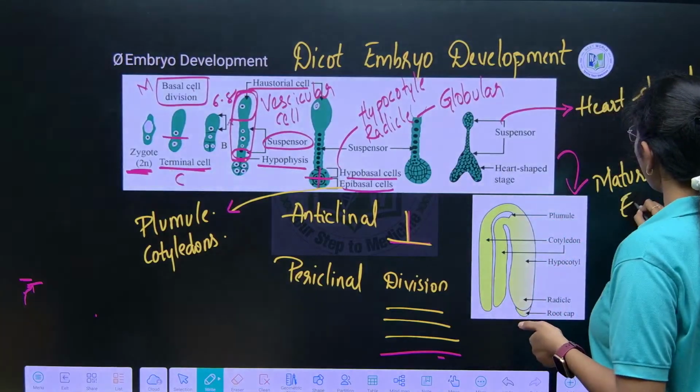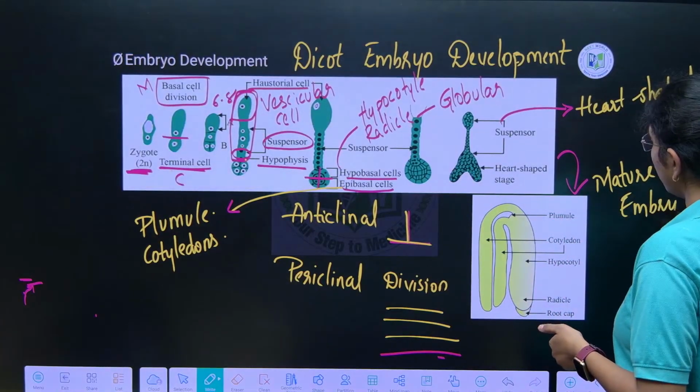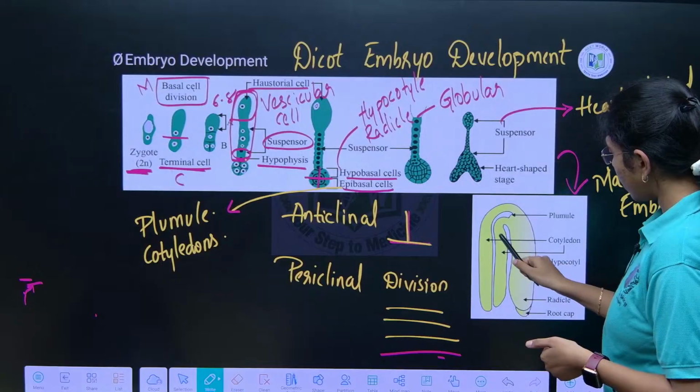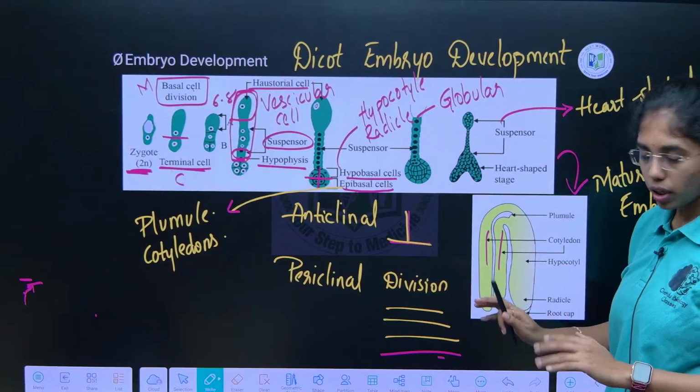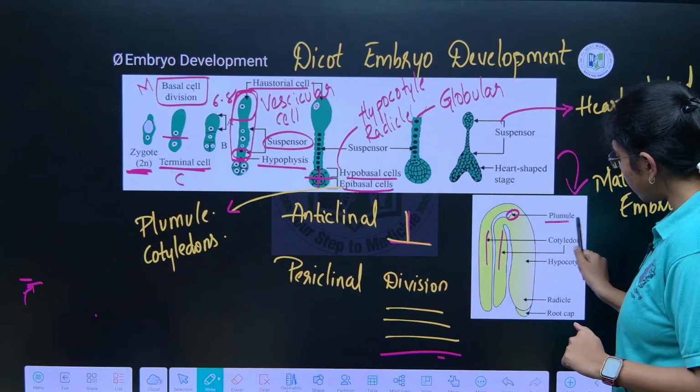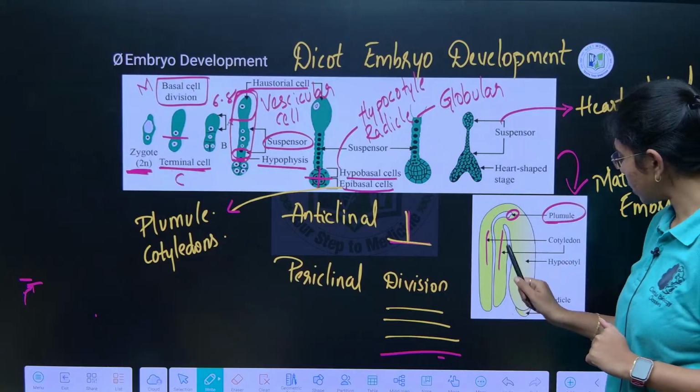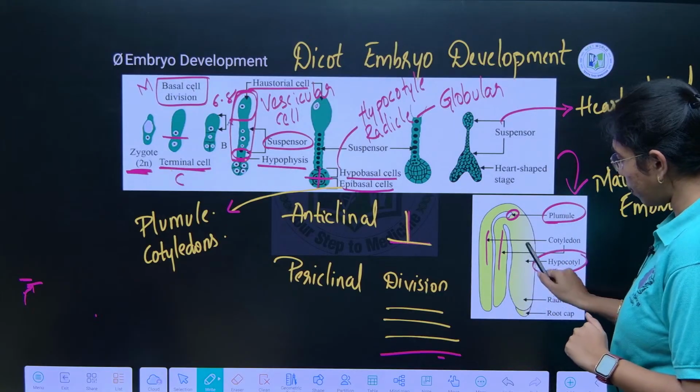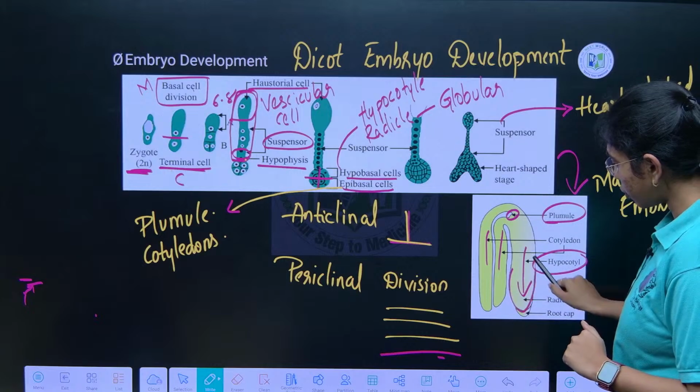So, in a mature embryo, what happens? You can see two cotyledons in a dicot, and at the apex you can see the plumule at the shoot apex. At the base you can see hypocotyl. Hypocotyl will mature to what?